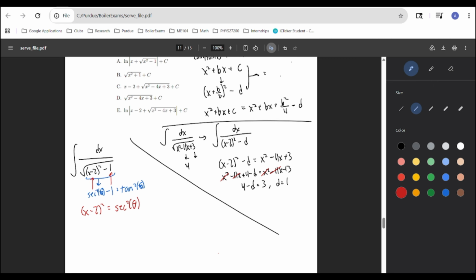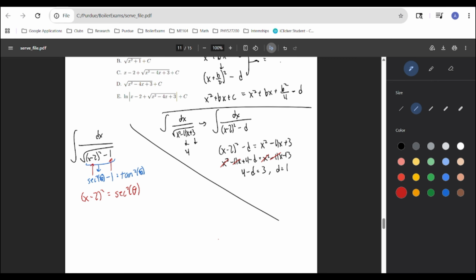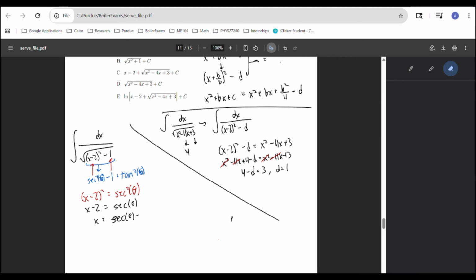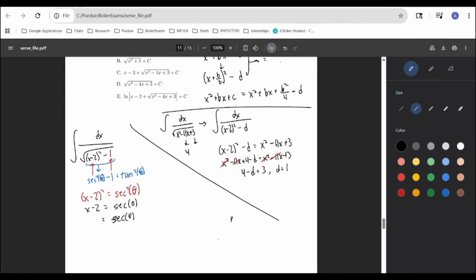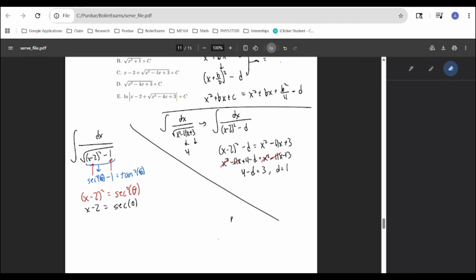That wouldn't make sense logically, right? So that means x minus 2, after square rooting both sides, is equal to secant of theta, and then x would be equal to secant theta plus 2. Actually, we don't even need to make this change. We just say x minus 2 is equal to secant theta. We'll leave it at that.